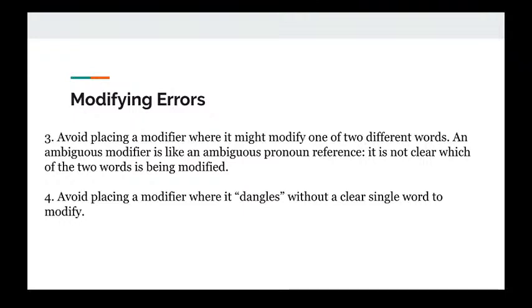This is known as a dangling modifier, without a clear single word to modify. So dangling modifier, basically what it sounds like, the modifier is dangling, meaning that it doesn't really modify a specific word, basically saying that the sentence is not clear and the modifier could not be doing its job, the writer is not putting it in the right position for the reader to understand.